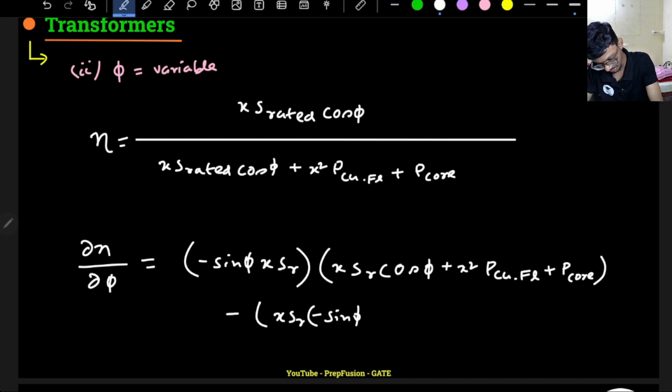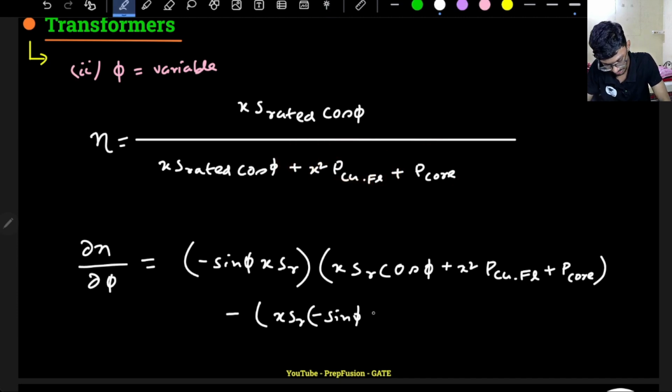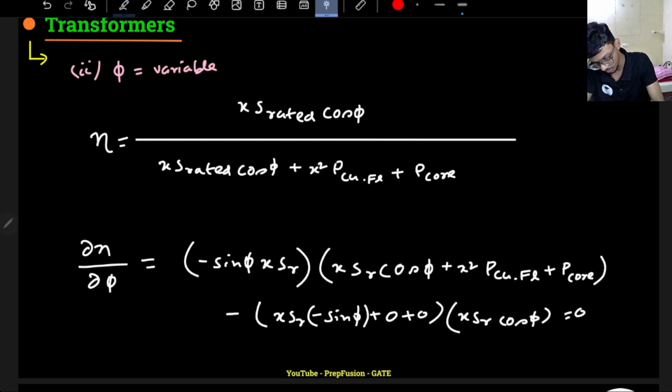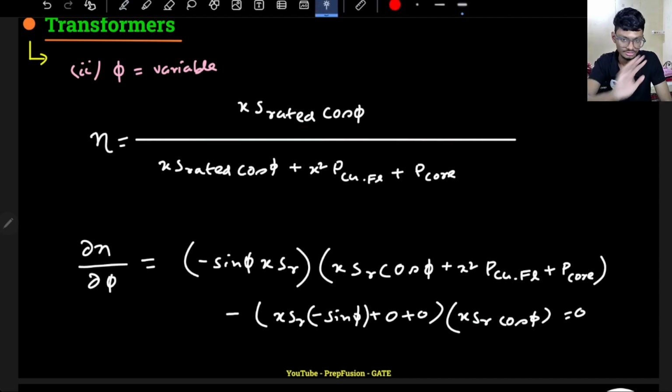Now this is constant, right? This is constant because if I differentiate this with respect to phi, it will not vary. This will also not vary. So all this will be simply 0 plus 0 plus 0 and multiplied by this term x S_R cos phi equals to 0. I am not showing you the denominator because it will be just denominator whole square, that will go on the right hand side, that will be simply 0.